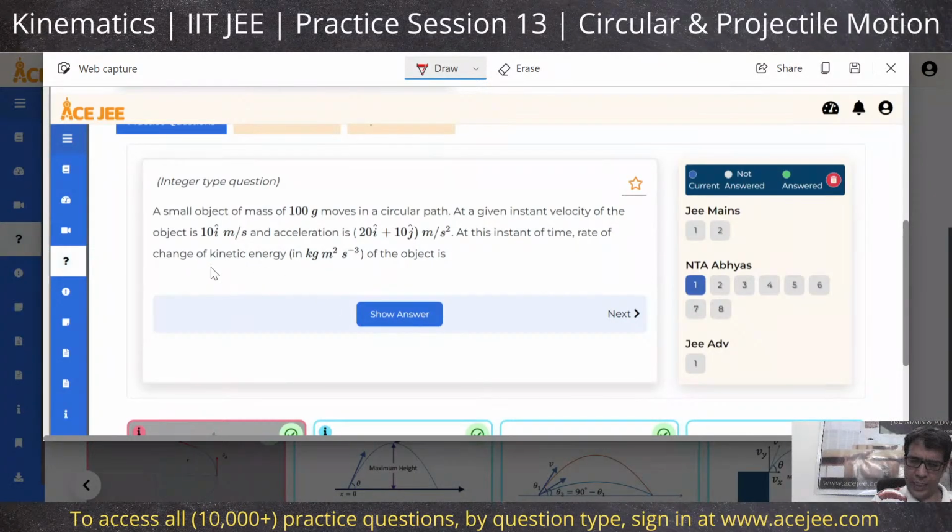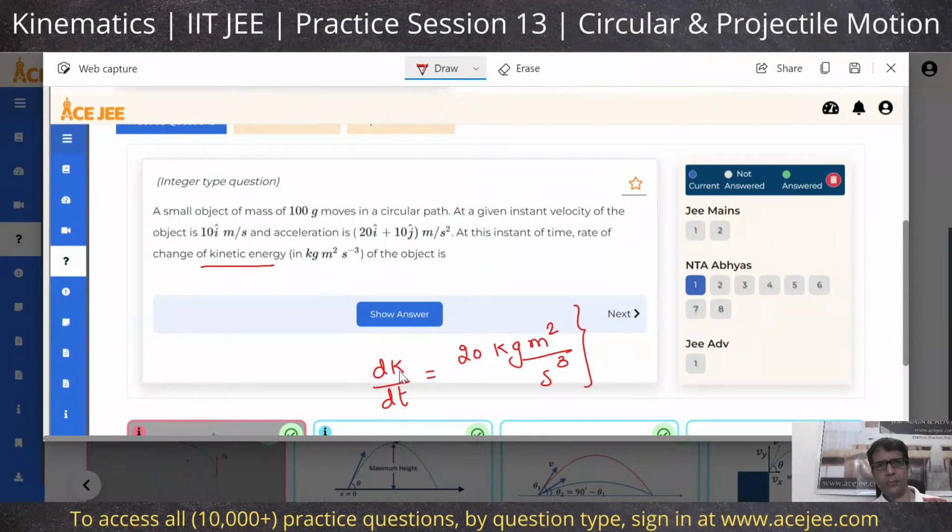Rate of change of kinetic energy. So 20 kilogram meter square per second. Just to make sure that we are on the same page, kinetic energy is half m v square.